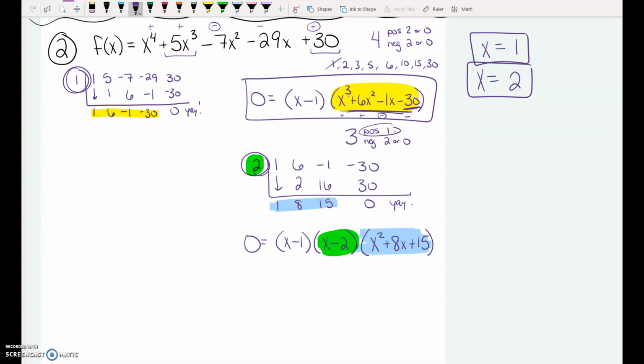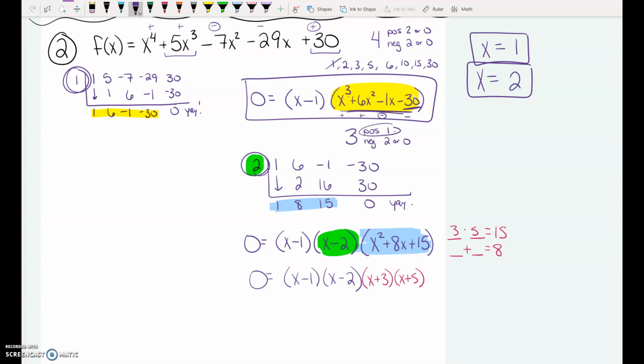And now we need to factor. So we need 2 numbers that multiply to give us 15 and add up to 8. That would be 3 and 5. So our factored form is x minus 1, x minus 2, x plus 3, x plus 5.